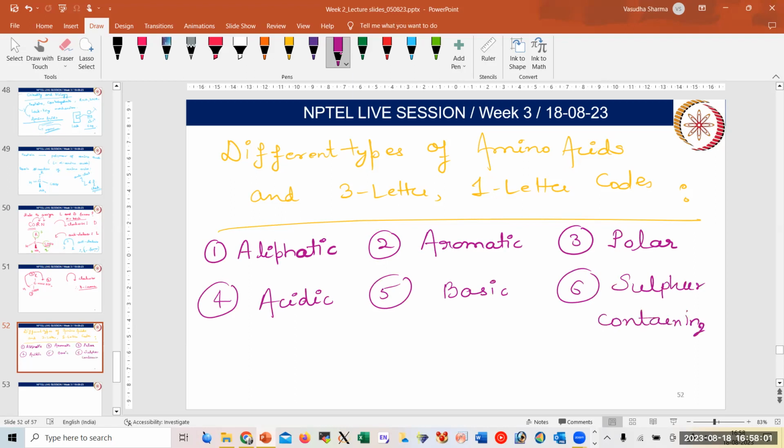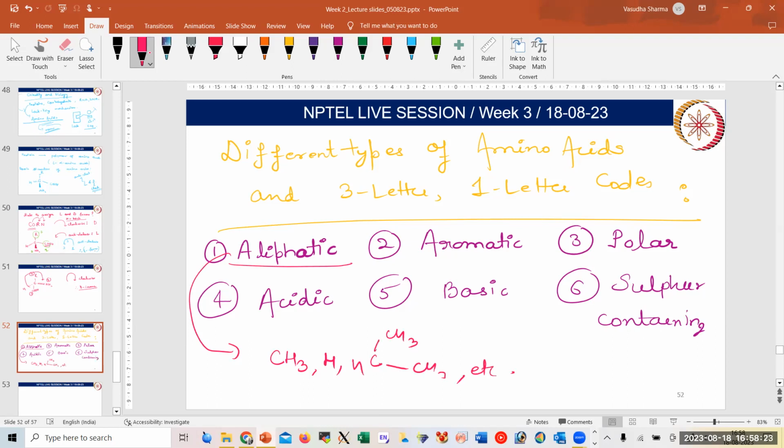As the name itself suggests, it depends on what kind of groups would be present in there. For example, if I talk about the aliphatic group, it would mainly comprise CH3, isopropyl group or something like that.